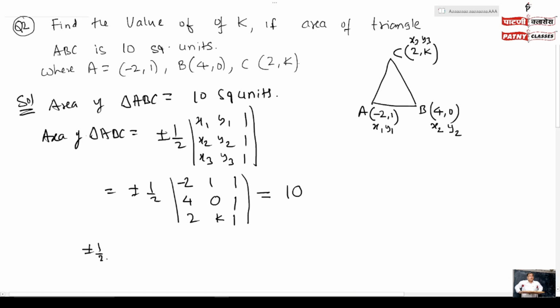Plus or minus half as it is, minus 2 into 0 minus K, minus 1 into 4 minus 2, plus 1 into 4K minus 0 equals 10.